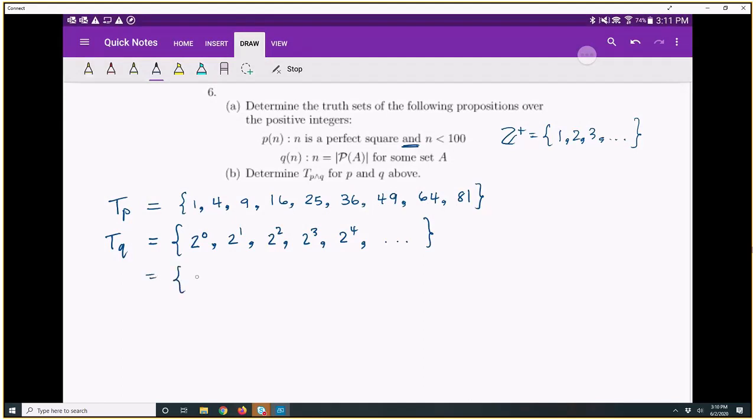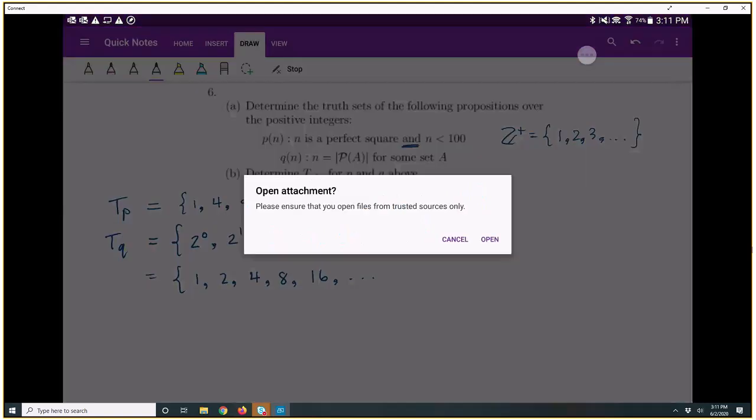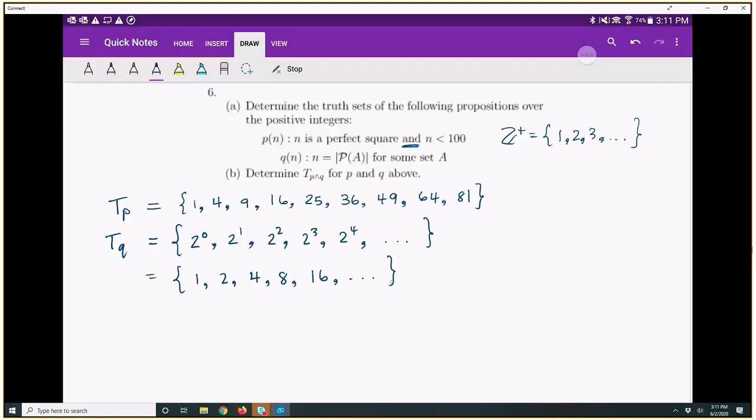So that's equal to 1, 2, 4, 8, 16, etc. So these are the possible positive integers that could be the cardinality of the power set for some unknown set.